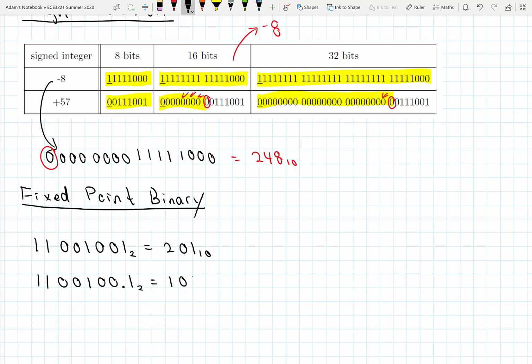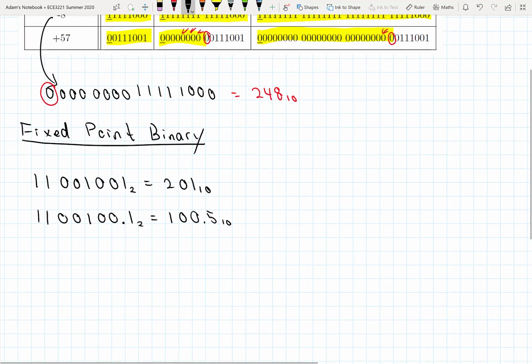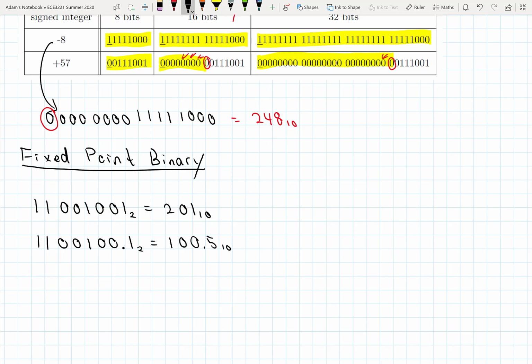So this new value would be equal to 100.5. And you may ask, where does the 0.5 come from? Well, if we think about a standard number in decimal, each of the positions to the right of the decimal represents a fraction of 10.